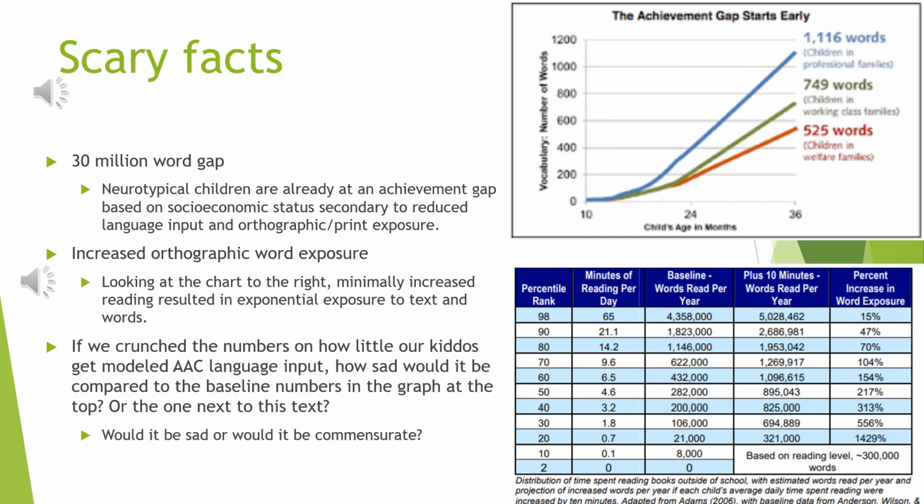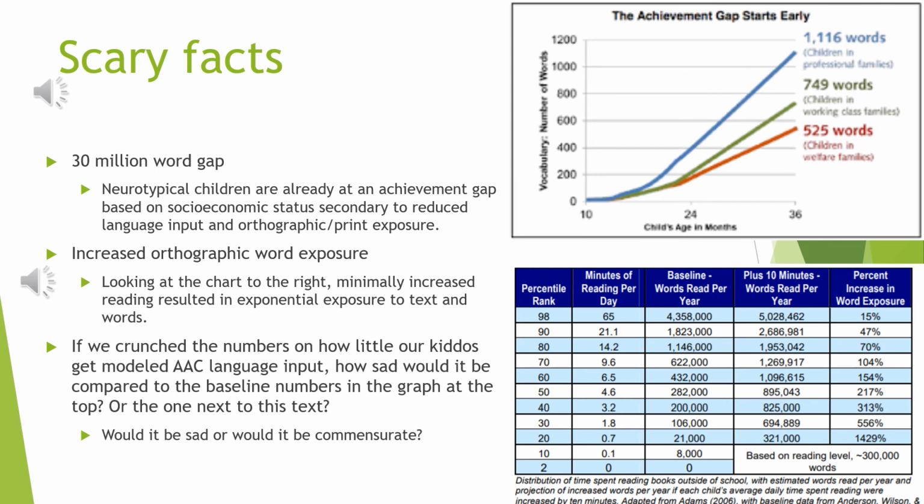Looking at the chart at the bottom here and looking at the amount of time kiddos spent reading books outside of school, and just adding 10 minutes of reading, those kiddos that were at the very bottom, in the bottom 20th percentile, so that means around 80% of kids that they could be measured against would do better, okay?